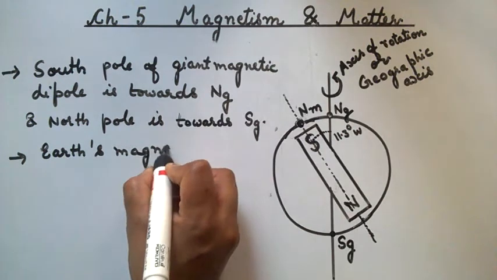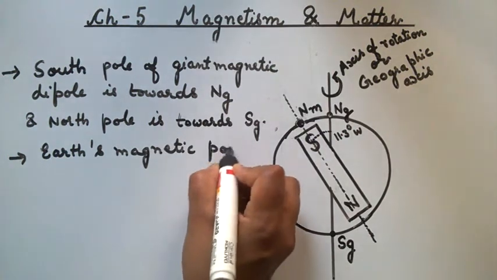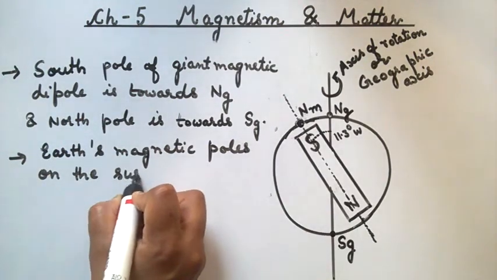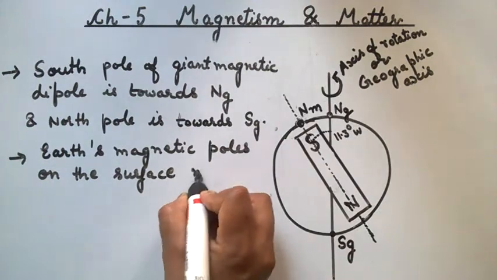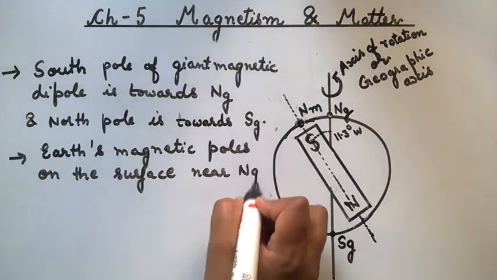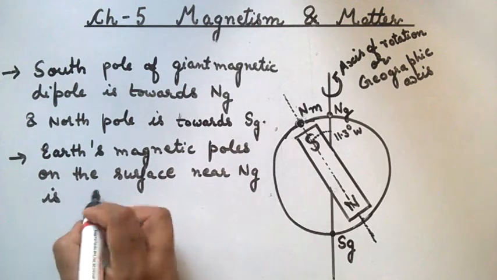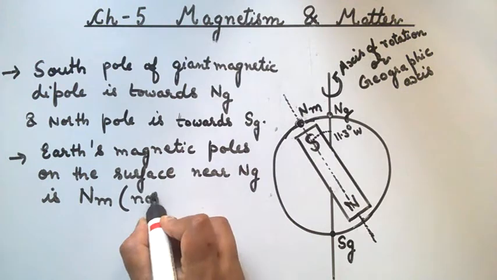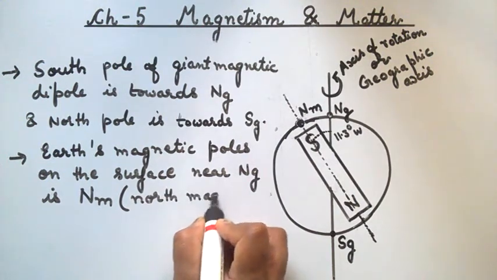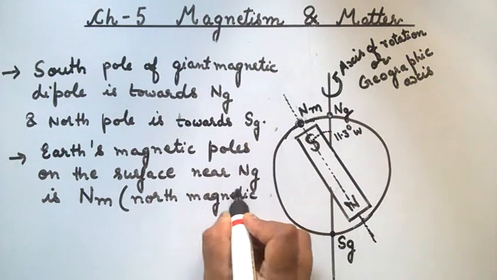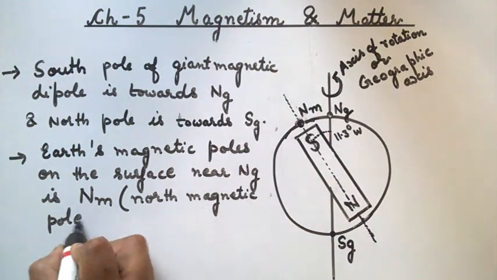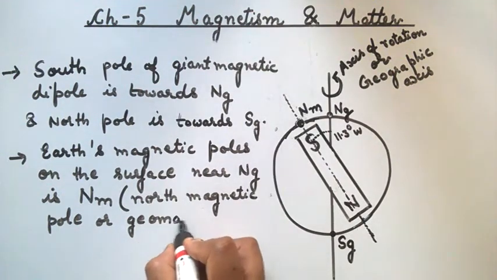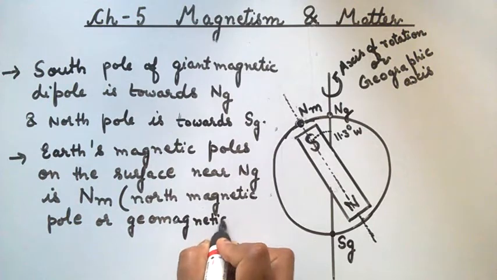Earth's magnetic poles are on the surface near geographic north is north magnetic pole, or geomagnetic north pole.